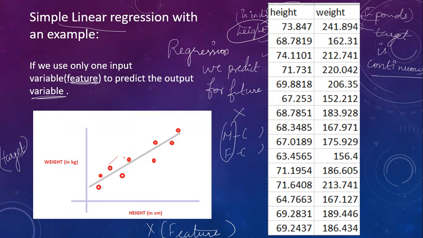These points are the data. So these data, for example, I've plotted here this way. So what is this line? This is our regression line, and let's see how to draw this line in the next slide.